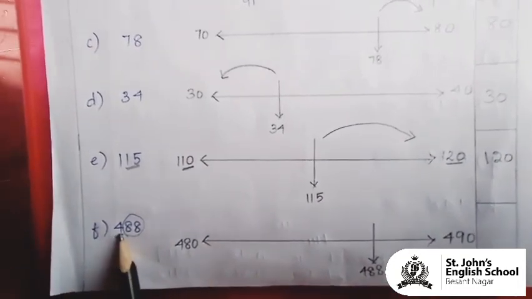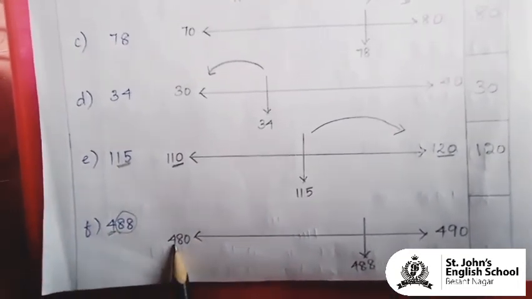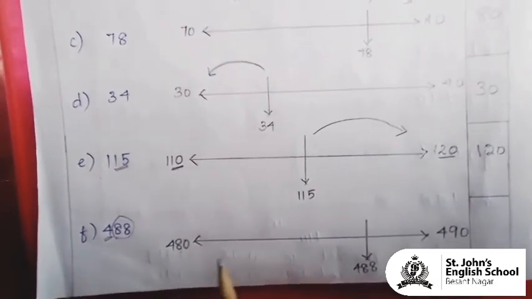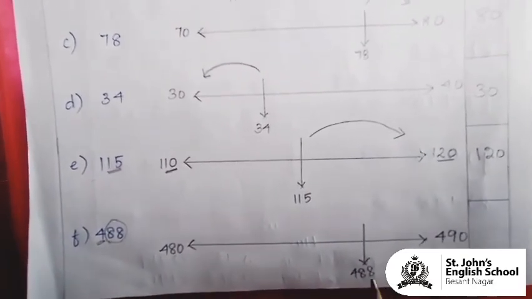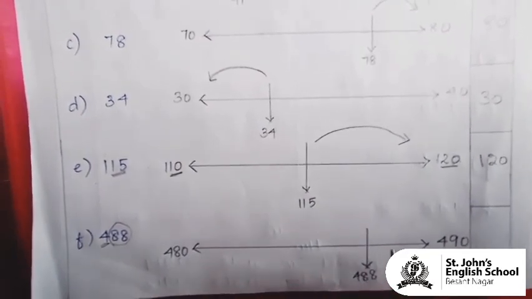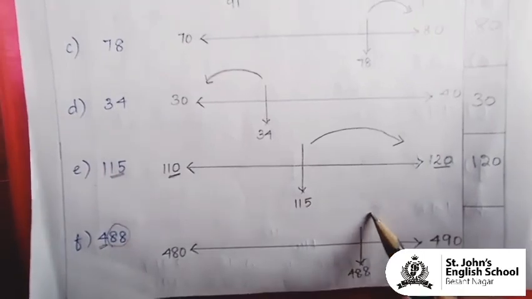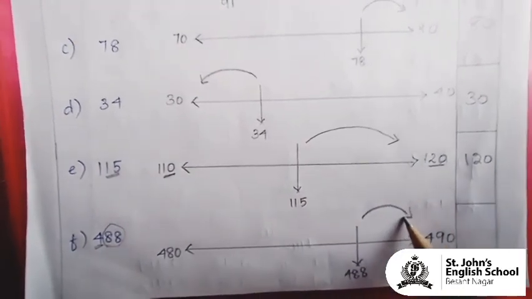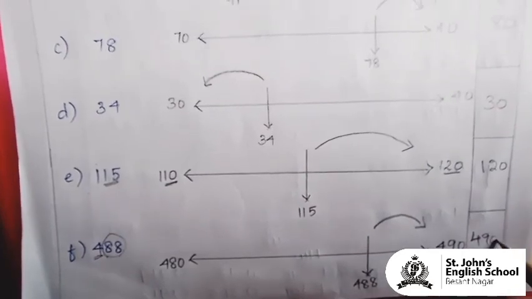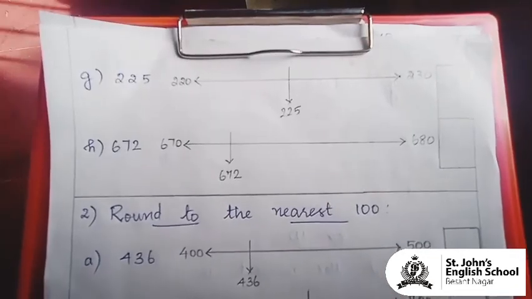This 4 in the hundreds place will be the same. 88 is more than 5. So if it is more than 5, it should go to the next number, that is 490.